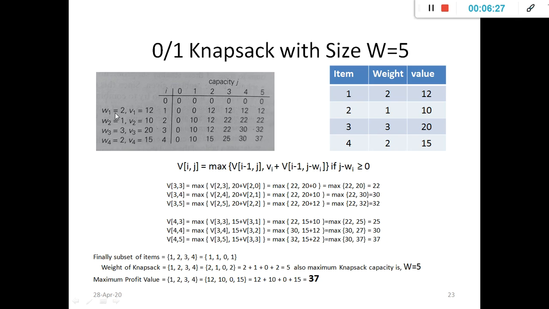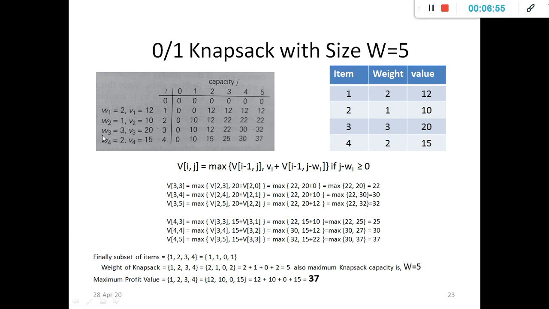That is, when you insert two objects, object 1 and object 2, its weight should be 2 plus 1, it is 3, and you know that 3 is less than 5. So item 1 and item 2 are valid, or it is possible to insert them into the knapsack. Every time you choose and insert a new item into the knapsack, you have to check the capacity or the remaining capacity available in the knapsack.